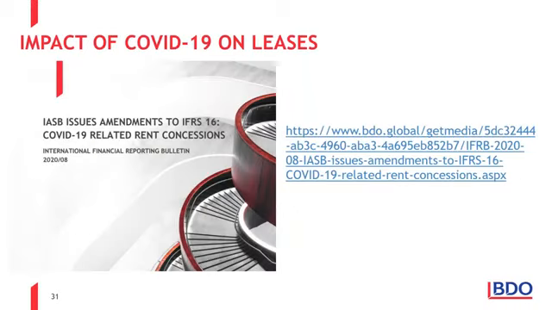So what we've done after the IASB issued the amendments to IFRS 16 at the end of May, we've put out a bulletin, and there's a link to that bulletin where we explain how that amendment worked.